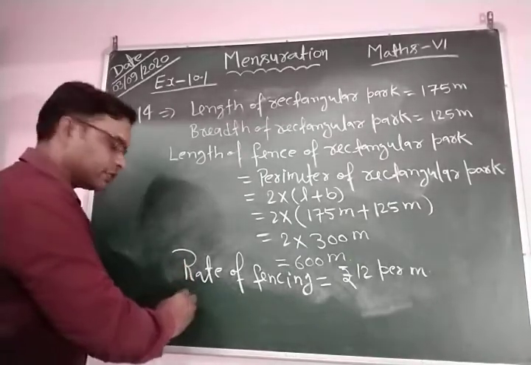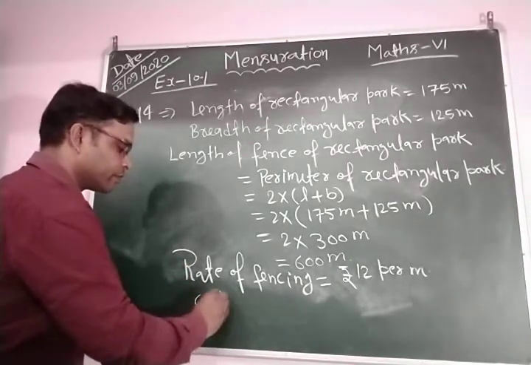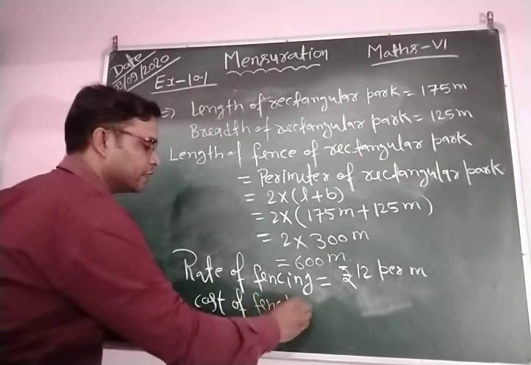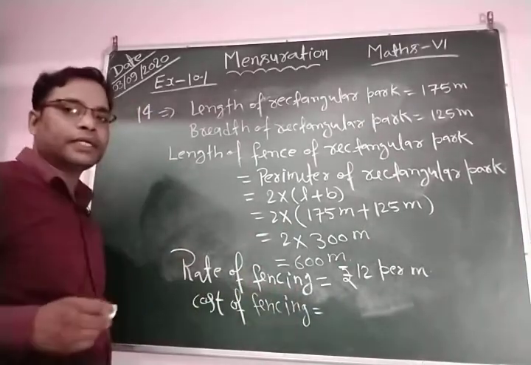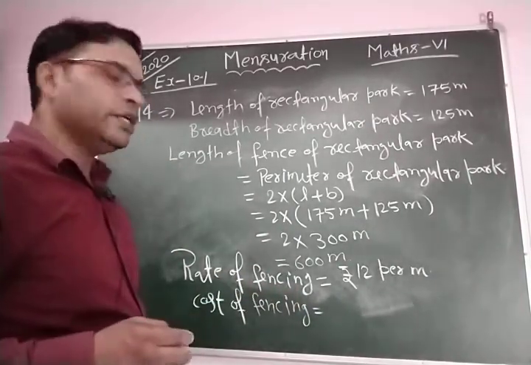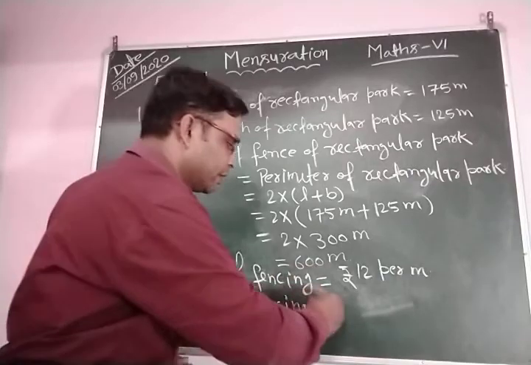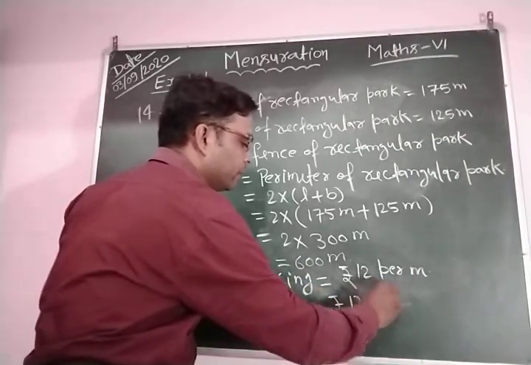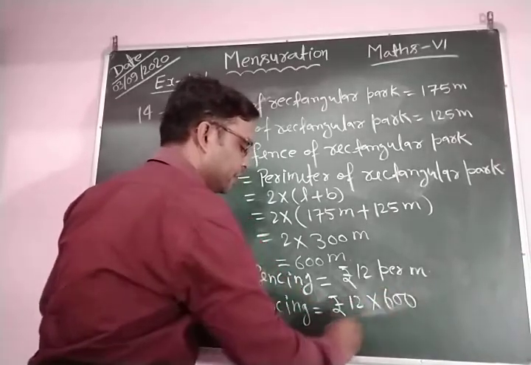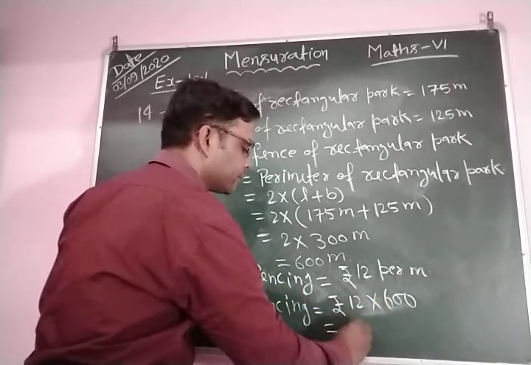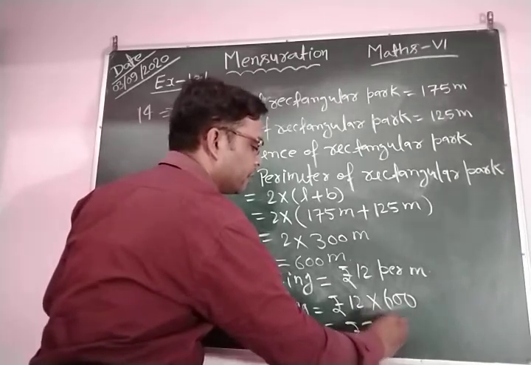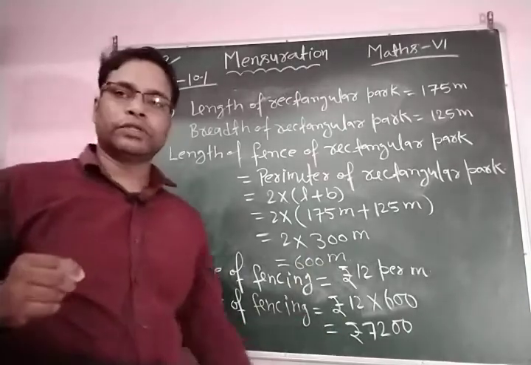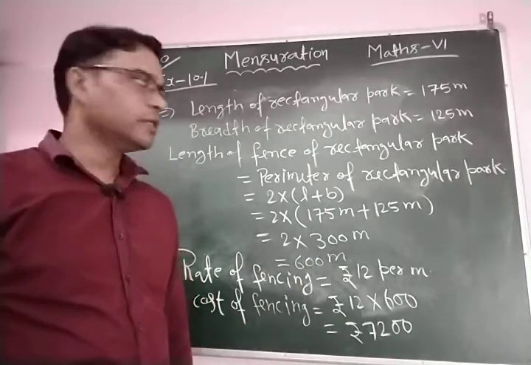So the cost of fencing of the rectangular park is equal to perimeter into rate. So here we have perimeter 600 and the rate 12. So 12 into 600. This is equal to what? 7,200 rupees.